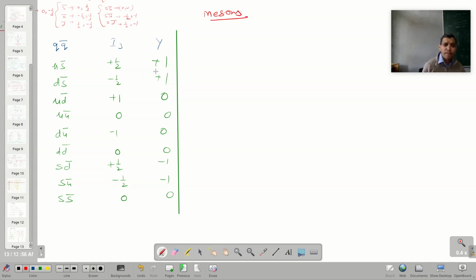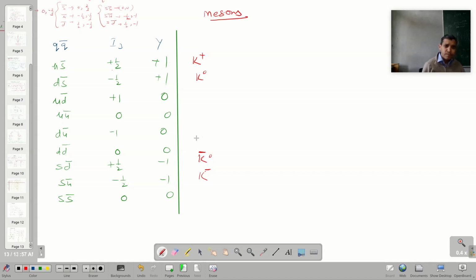If I recall, then these two values correspond to k plus and k naught, and this value corresponds to k naught bar and the k minus, right? It's like electron and positron as we have seen, this is for the particle and its anti-particle, right?